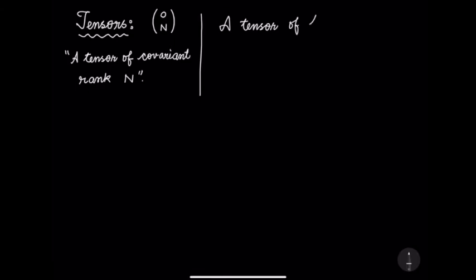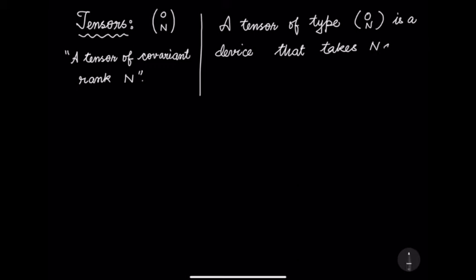So, a tensor of type 0n is a device that takes n vectors as input. What is the output?